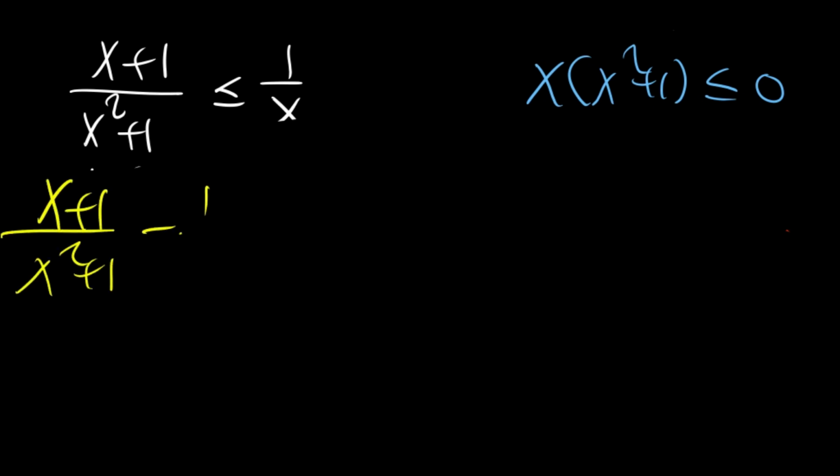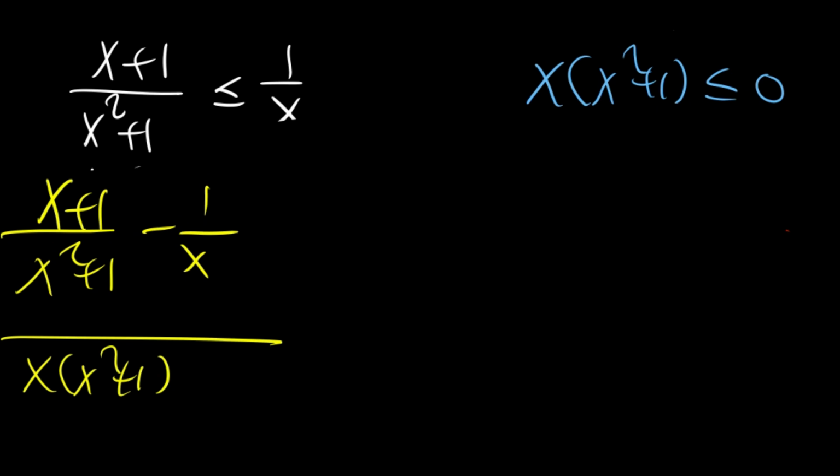If I shift this, we are saying is this, right? So I have x, then x squared plus 1 on top here. We are going to have x open brackets, minus 1 open bracket x squared plus 1.